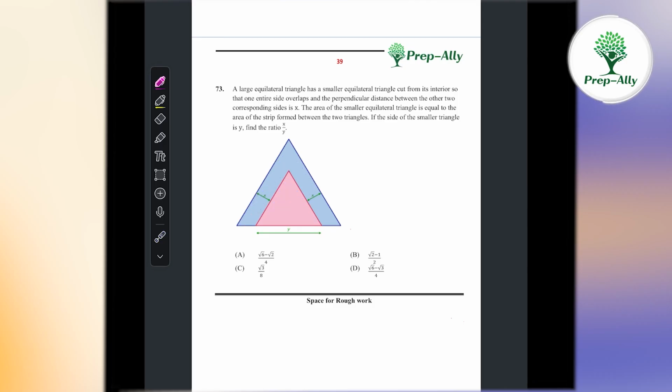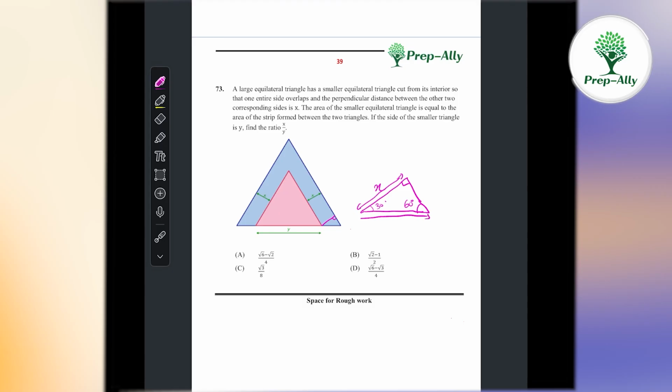So what we'll do first is draw a perpendicular here. So this is a right angle triangle, and in this right angled triangle, we have this as 90 degrees, this length as x, and this angle as 60 degrees, and then this is 30, right?